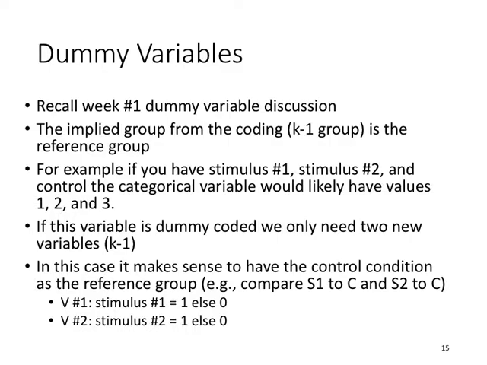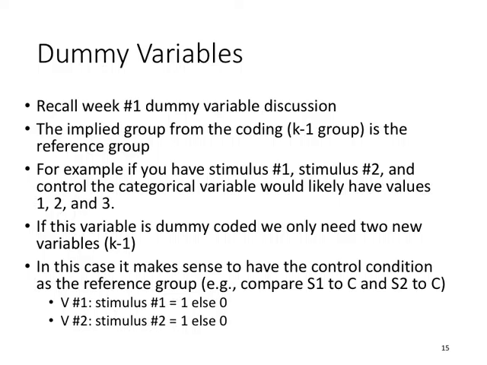So if we had an experimental study where people in stimulus condition number 1 got some stimulus, and stimulus condition number 2 got a different stimulus, and then a control condition. So we had one categorical variable that indicates were they in stimulus 1, stimulus 2, or the control, right?